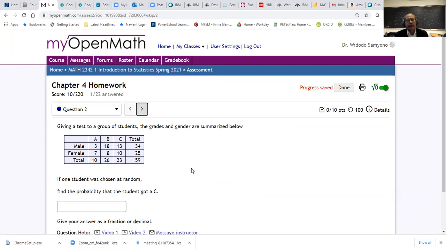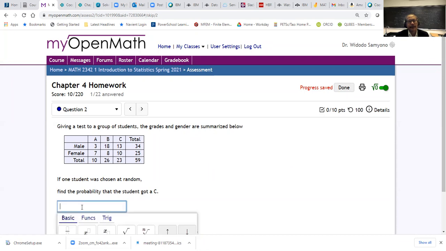Okay, so for this one, giving a test to a group of students, the grades and gender are summarized below. Right? So if one student was chosen at random, find the probability that the student got C. So how many students got C? 23, right?